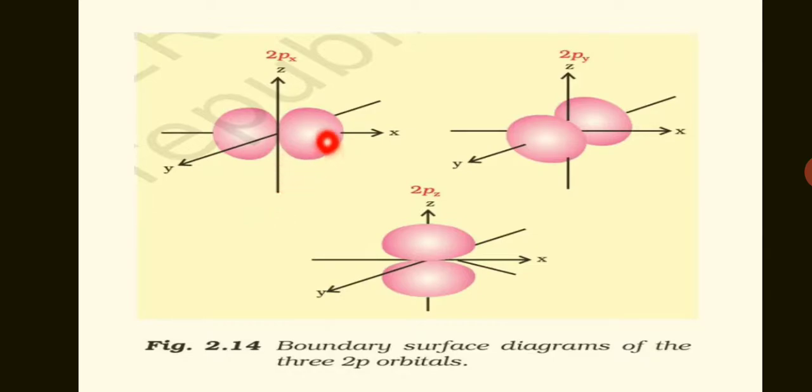So all the p orbitals are similar in shape, but you can notice that in the 2px orbital the lobes of the dumbbell are located on the x-axis, in the 2py orbital the dumbbell is located on the y-axis, and in the 2pz orbital the lobes of the dumbbell are on the z-axis.